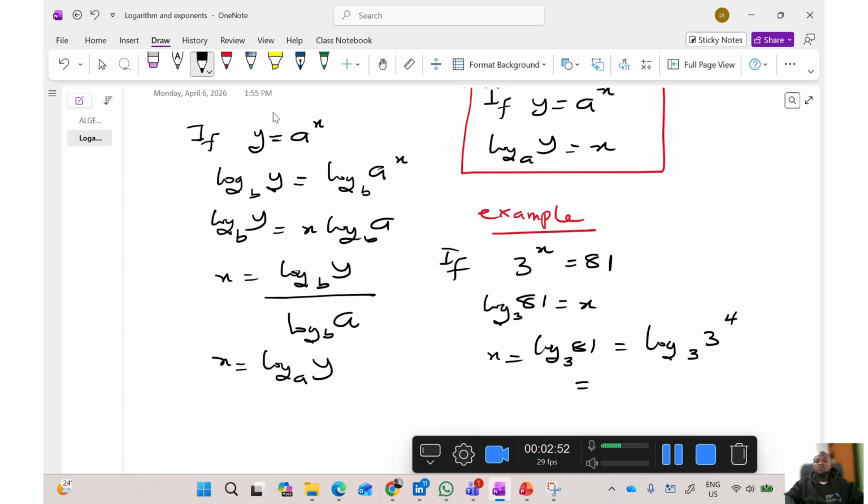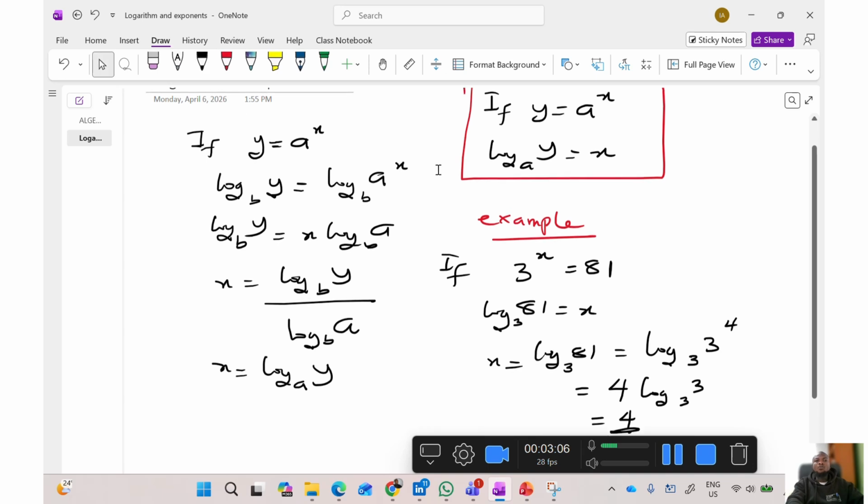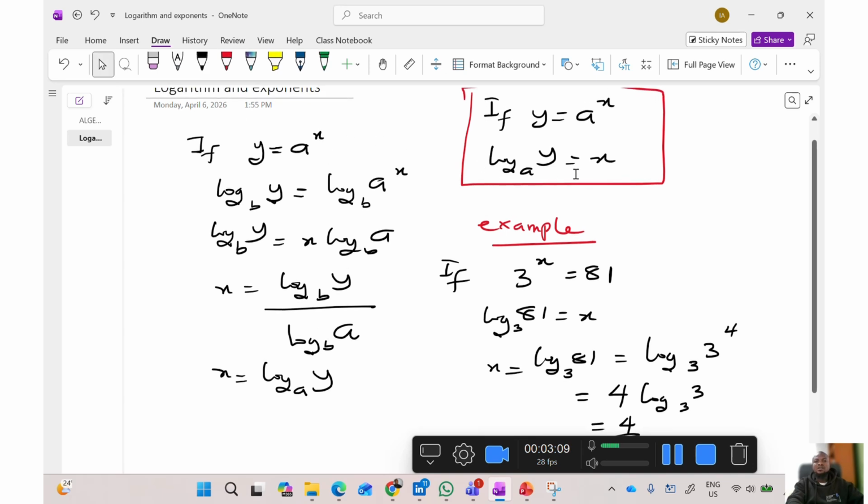So according to the rule of logarithm, the 4 can come down. This becomes 4 logarithm of 3 to base 3, and log 3 to base 3 is 1. So our answer is 4. So this has been able to illustrate that when you have y is equal to a raised power x, then x is equal to log y base a. I hope this is well understood. Okay, good. Thank you.